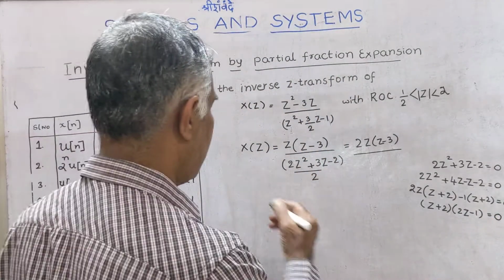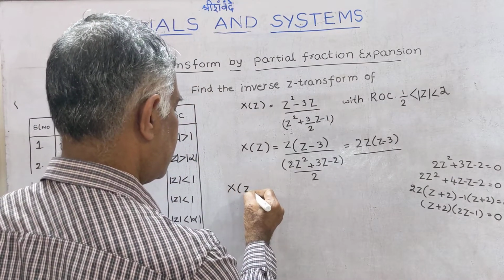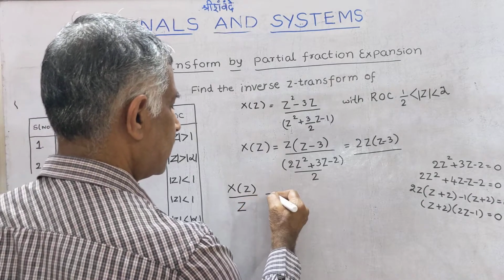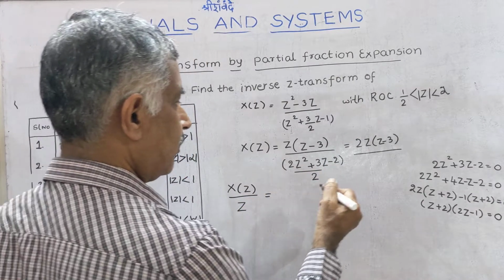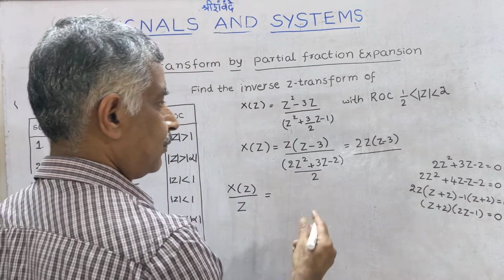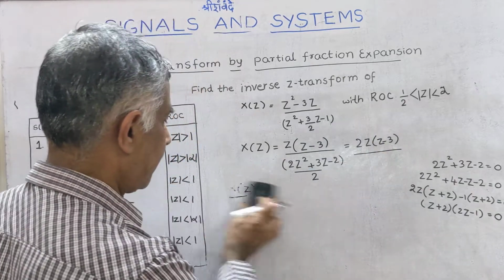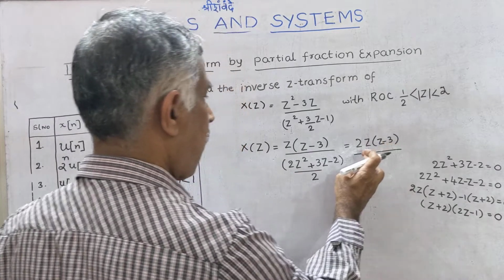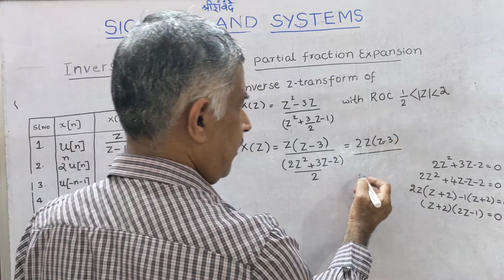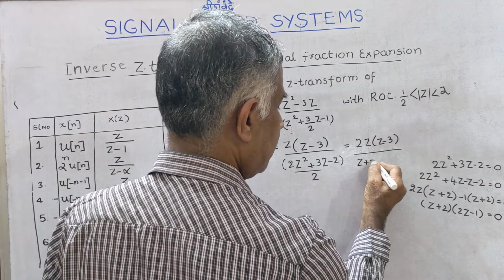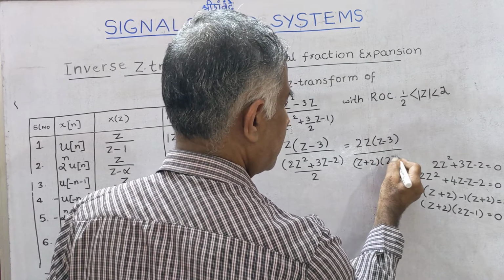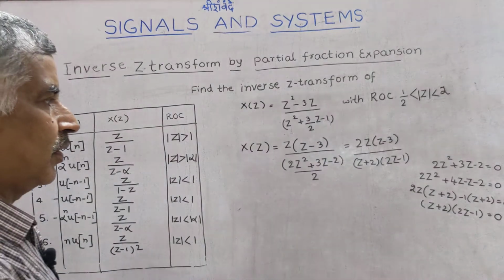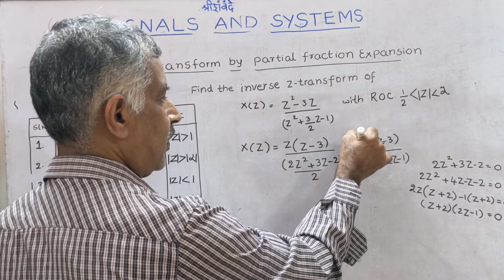Therefore, I will write X of Z. Now I will take this Z to the denominator: 2Z into (Z minus 3) by (Z plus 2) into (2Z minus 1), and this 2 has come here.